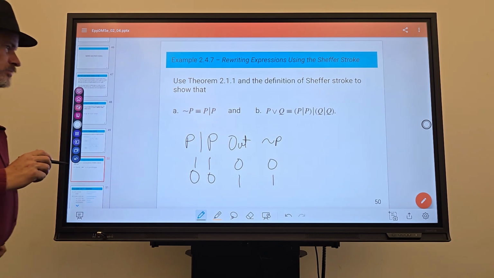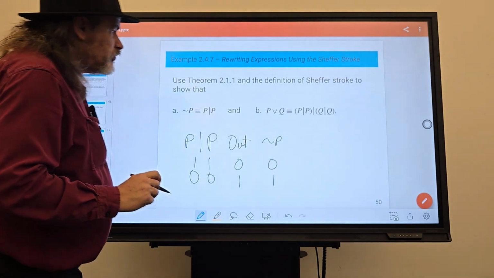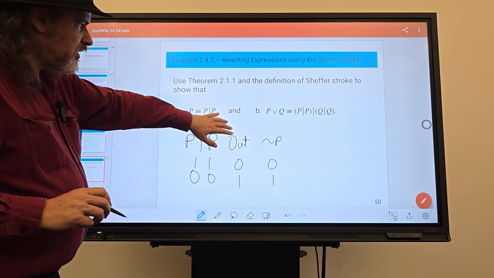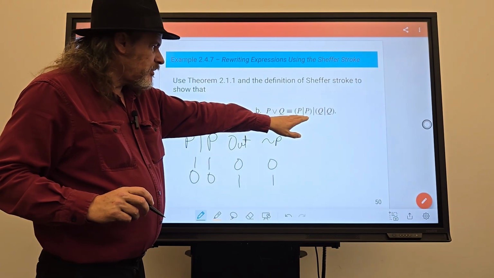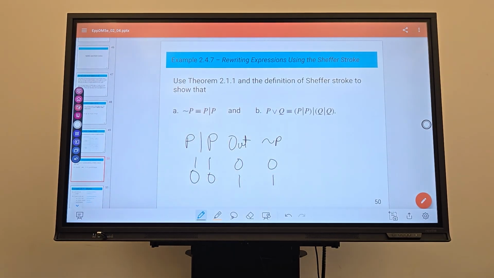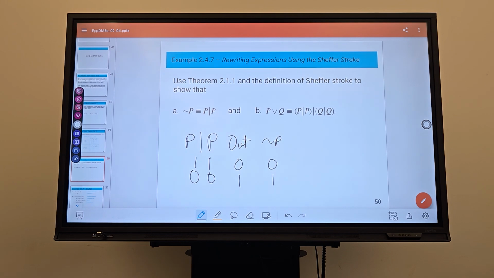All right. I won't go through the whole schmeal with this one, but basically the same thing can be true of an OR gate being expressed by using NANDs.